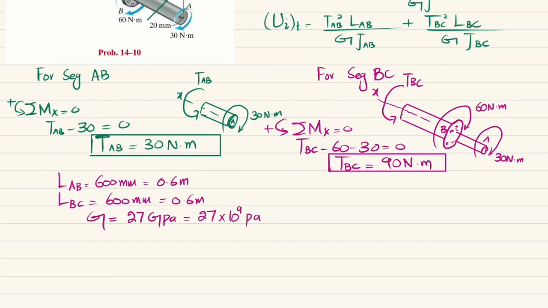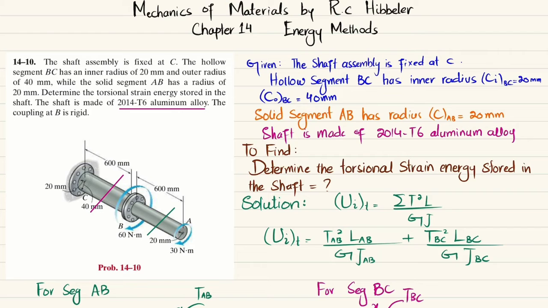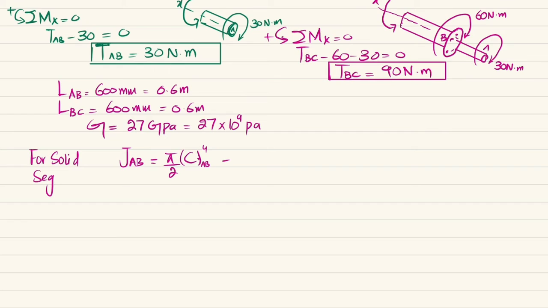Now what about JAB and JBC? JAB is for solid segment. For solid segment, JAB is equal to pi by 2 CAB power 4. CAB is given as 20 millimeter. So in meter, it will be equal to pi by 2 times 0.02 power 4, and that will give you 80 into 10 raised to the power minus 9 pi, and unit will be meter power 4.